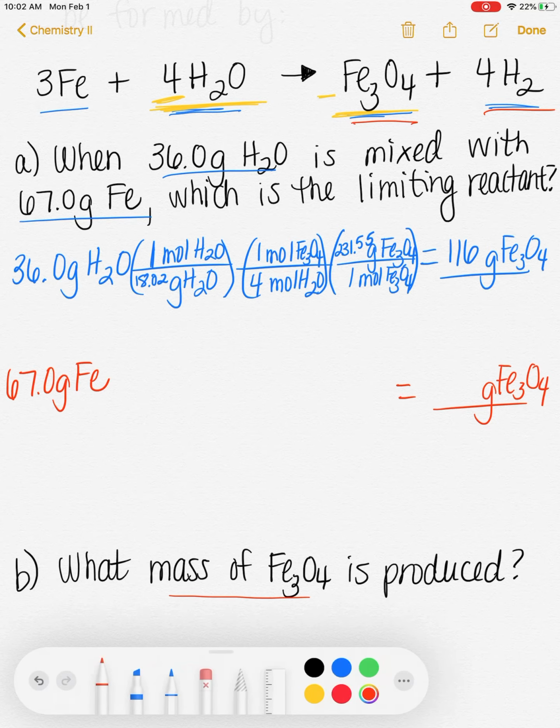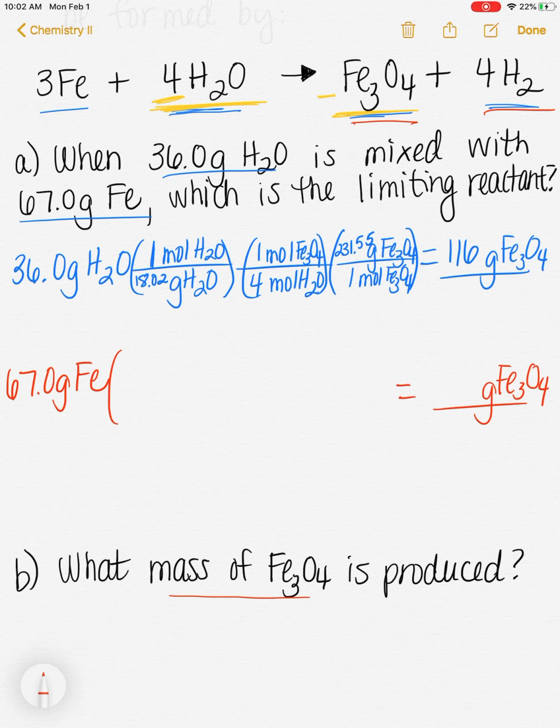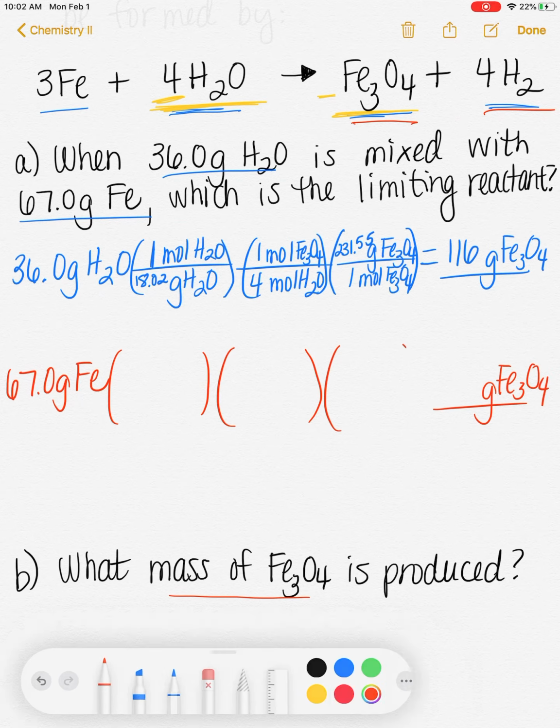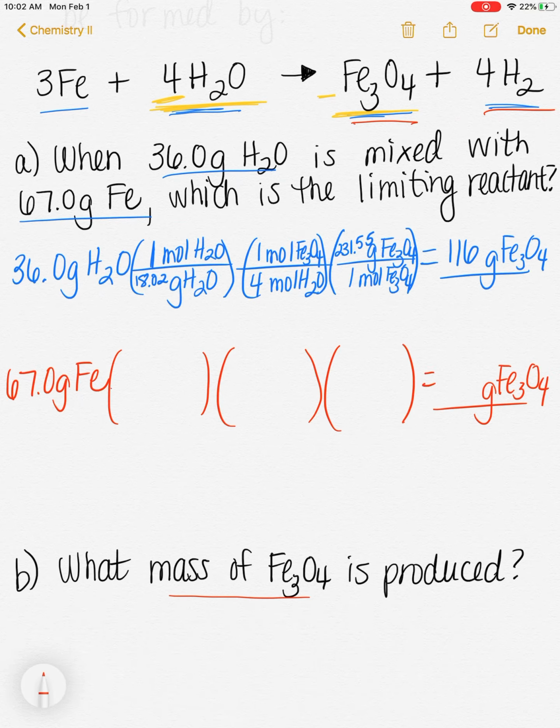But I can't just stop there and say that that is my answer, because I also need to check how many grams I could make from the iron. So I'm going to draw 3 conversion factors in again. Let me give myself some space, because this is a grams to mole or grams to grams conversion. So in my first factor, I'm going to put grams of iron on the bottom.